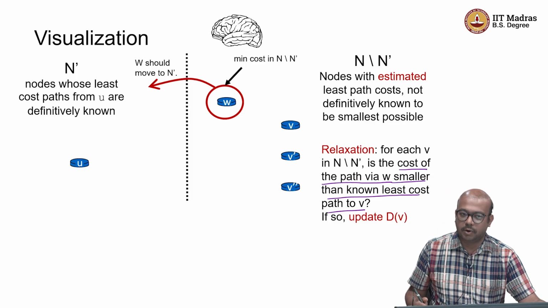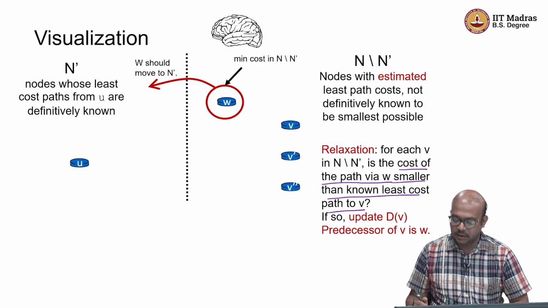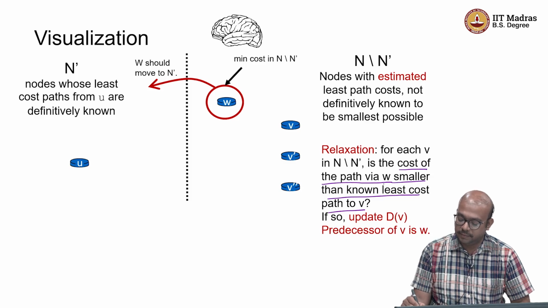Okay. So, what are you going to do? We are going to compare these two things, one is dV, the other one is the path to V via W. Okay. So, is the cost of the path via W smaller than the known least cost path to V? If so, update dV, and the predecessor of V is W then.